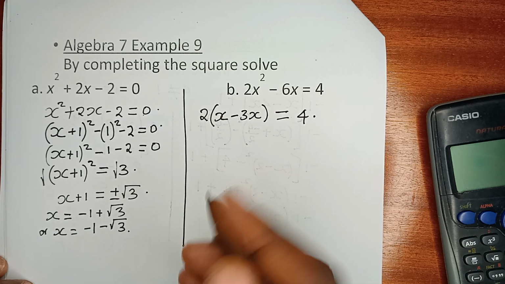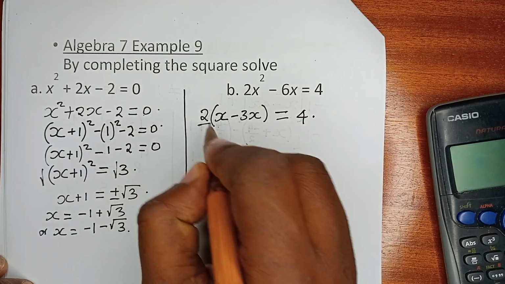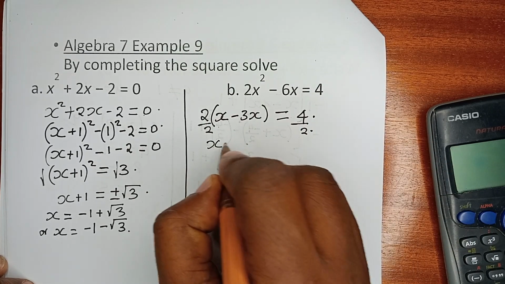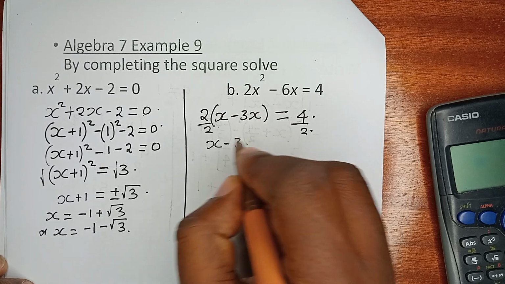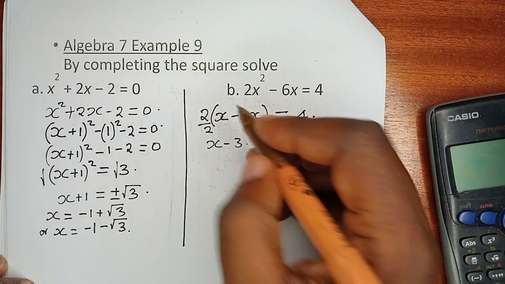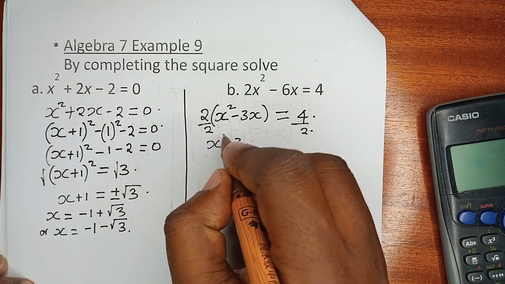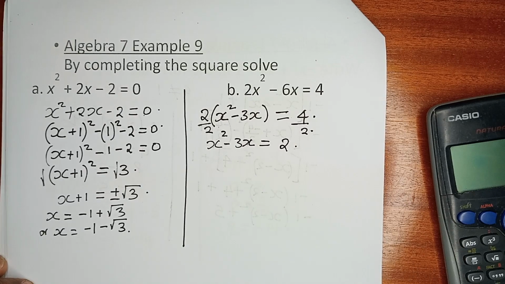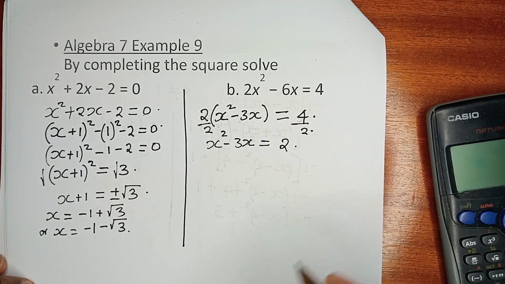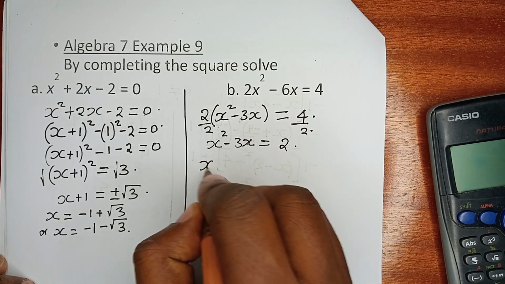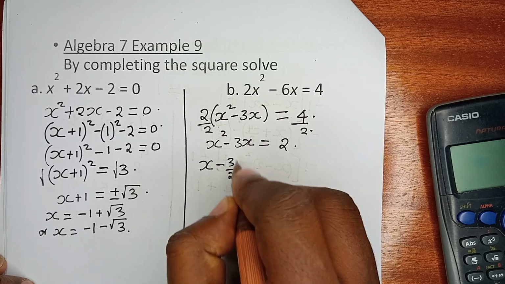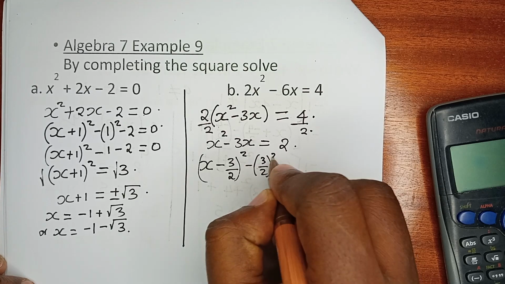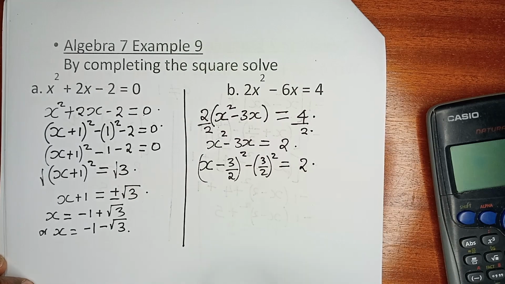Now, if you want peace, let us divide by 2 first, so that we can have x squared minus 3x equals 2. Now we can easily complete the square, and we have (x minus 3 over 2) squared minus (3 over 2) squared equals 2.